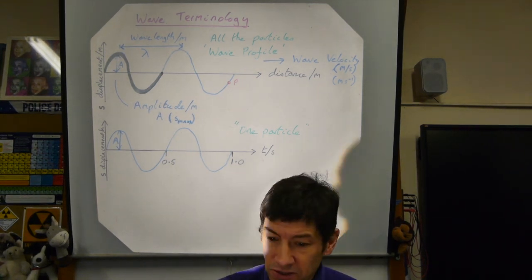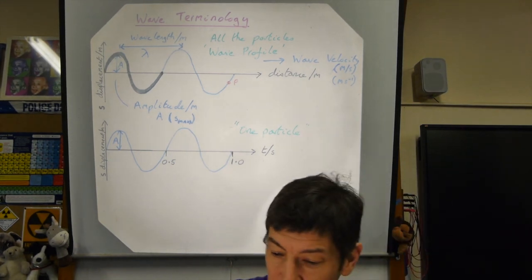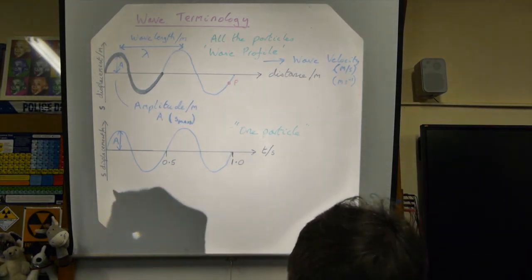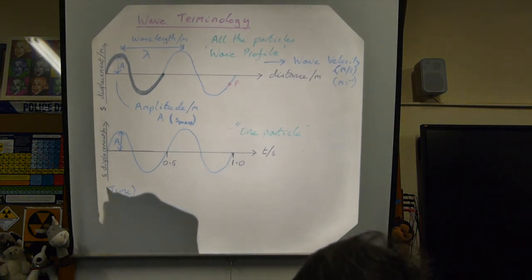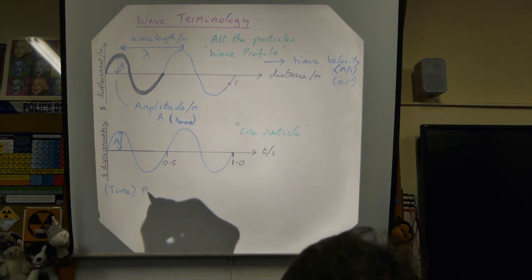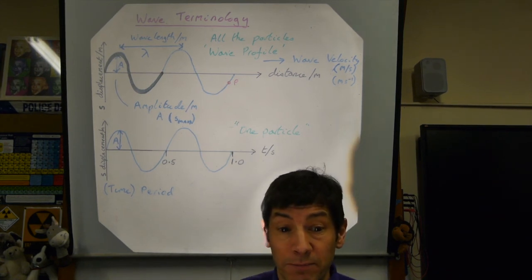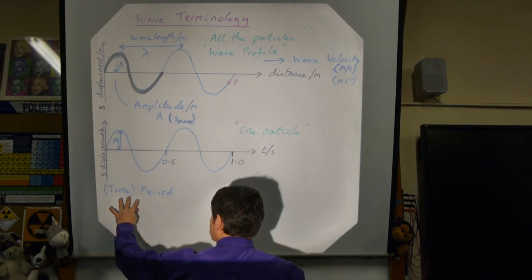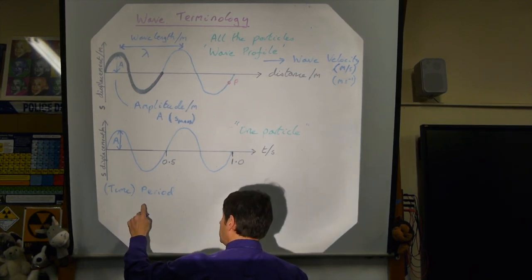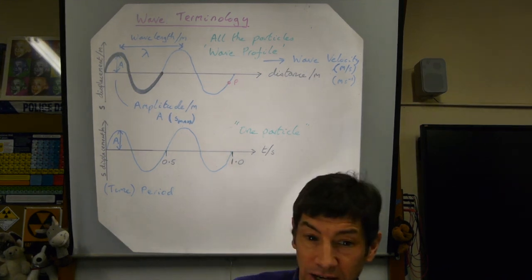But what we can do is look at the terminology of the time period of this wave. So I'm going to put time in brackets, because normally we just talk about the period. There's a good reason why I like to call it the time period of a wave. The time period of a wave, capital T, is the time taken for one complete oscillation.